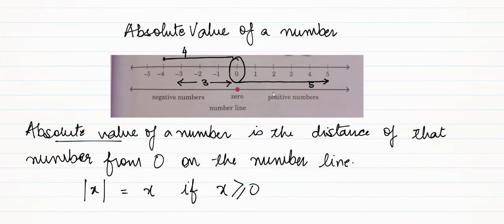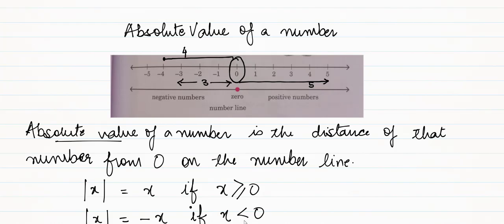That means if a number is a positive number, the result will be kept as it is. But if x is a negative number, then this time it will be minus of x, and we write the condition: if x is less than 0.